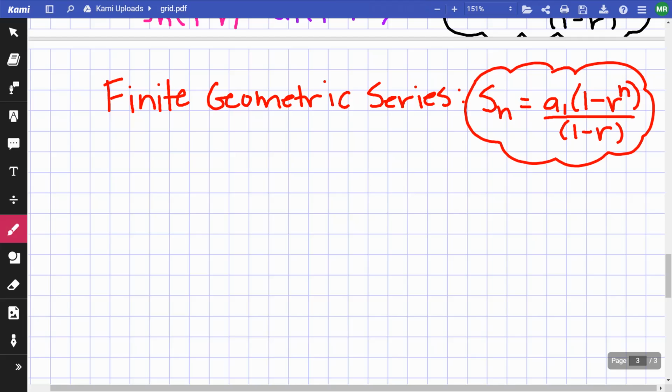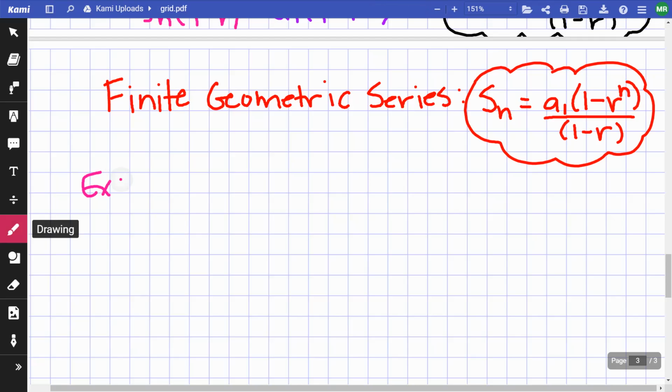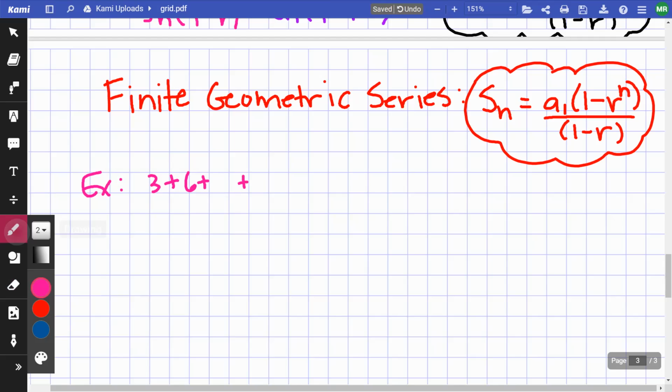So if I go back to the two problems I had tried earlier, one of them being 3 plus 6 plus 9 plus 12 plus 24 plus, all the way up to 768, I can use this formula.